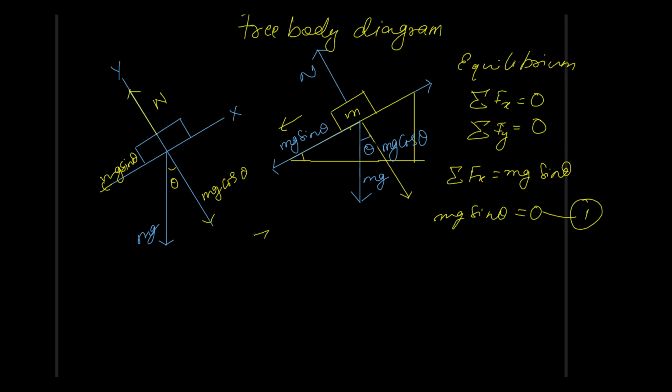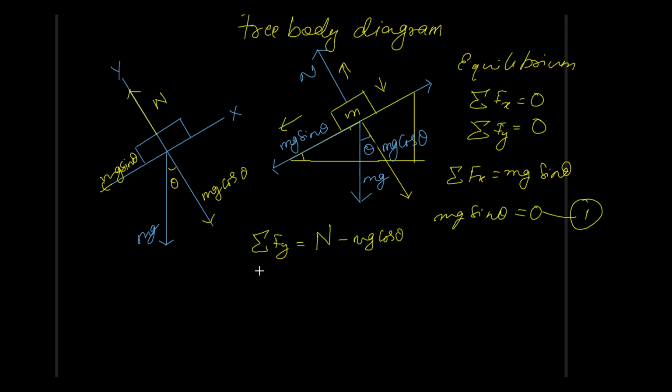and followed by summation of force in y direction. In y direction, there is n in upward direction and minus mg cos theta. N is in this direction and mg cos theta is in opposite direction, so therefore I want a negative sign.